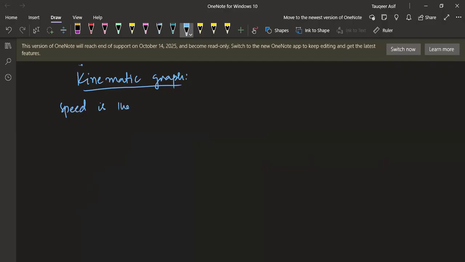Speed is the distance traveled per unit time. So the formula becomes speed v equals distance d upon t, or v is equal to s upon t.